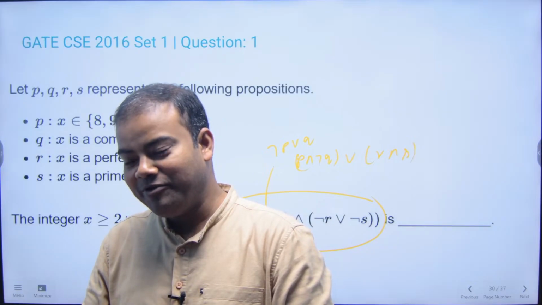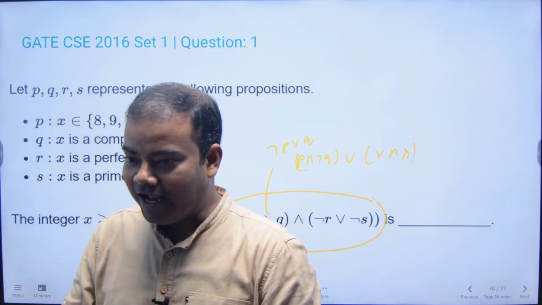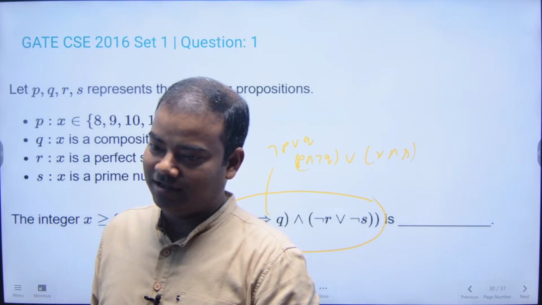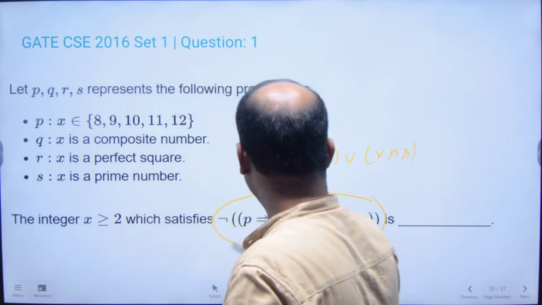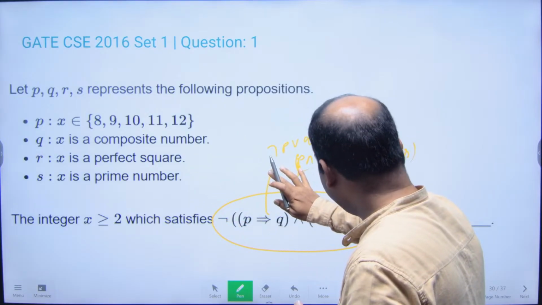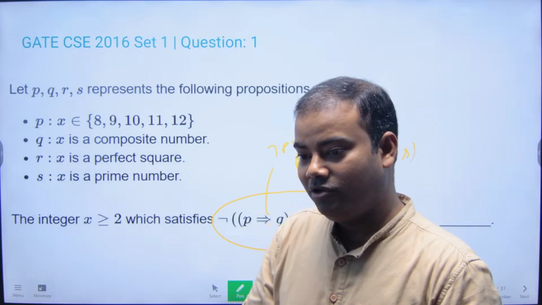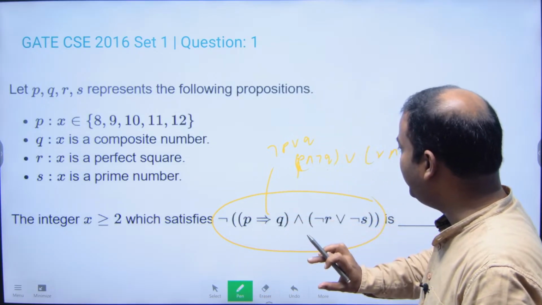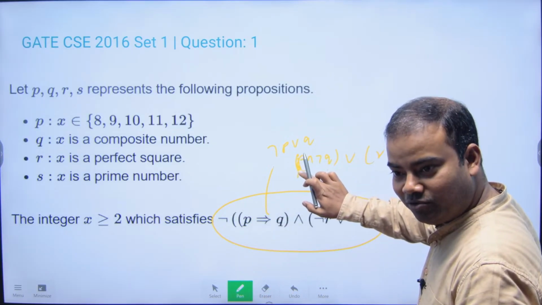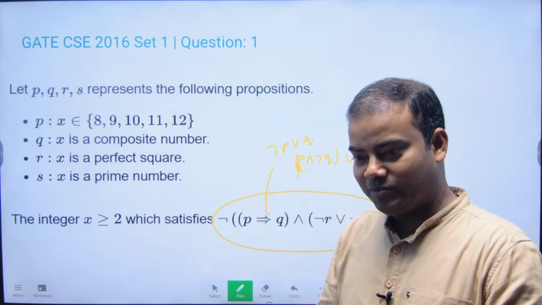My statement will be false only under one condition: that you are coming daily and then also you are not selected. That is the only condition. So the negation of a conditional statement is: the first statement must be true and the second statement false, only that condition. Is it clear?